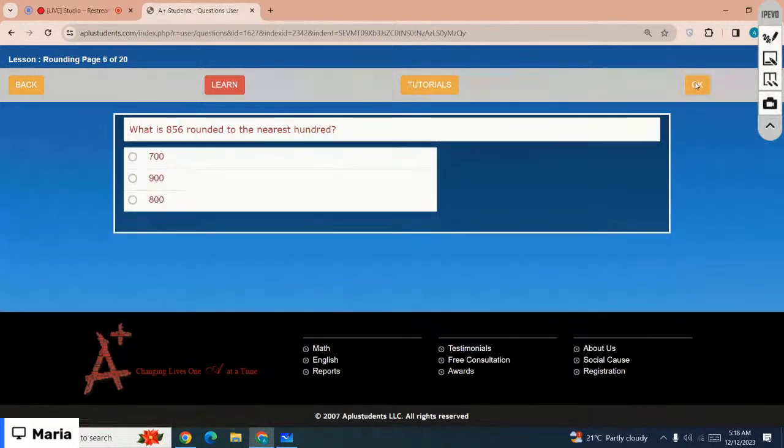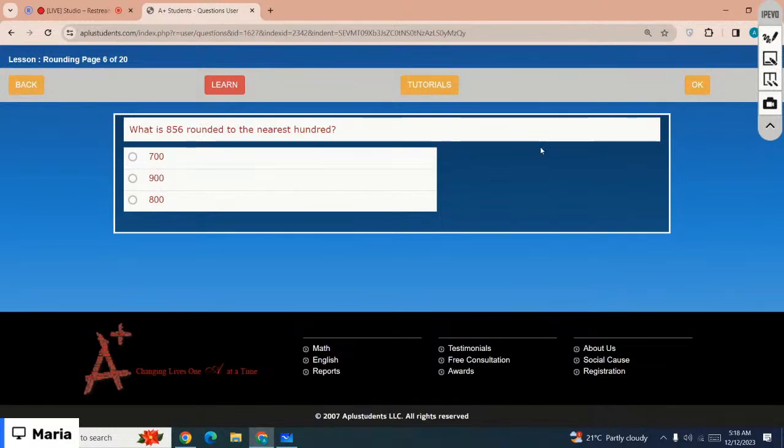What is 856 rounded to the nearest 100? Which is the correct option? 856 is rounded off to 900.